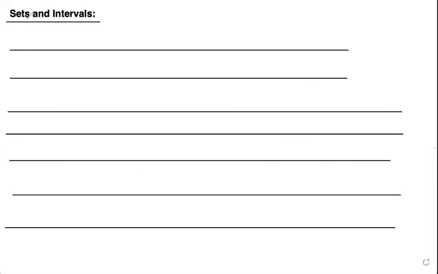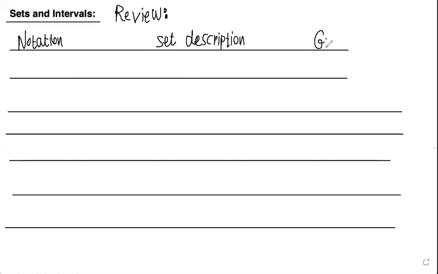Here is the first thing, a review from last time. Here is the notation, here is called the set description, and here is the graph of the interval.